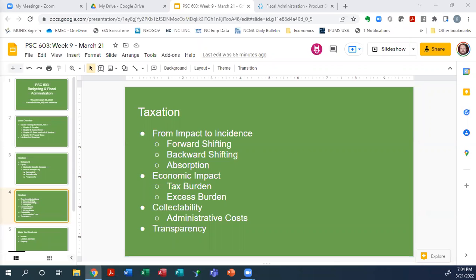There's a chart that talks about tax administration costs. I believe it's on page 392, talking about different types of taxation. And generally what you see is that the costs are fairly limited in a lot of ways.